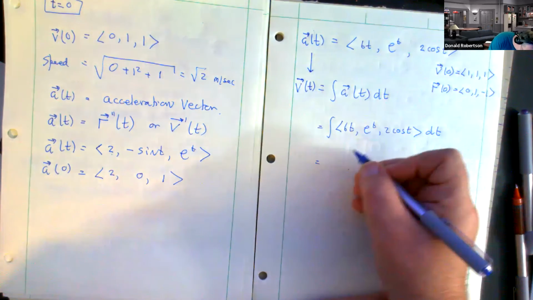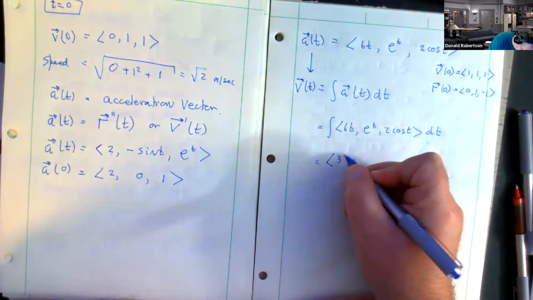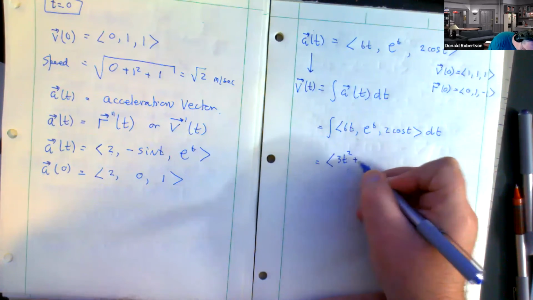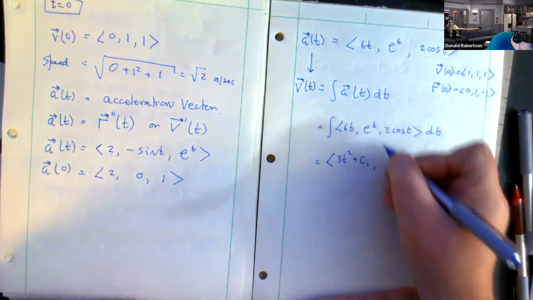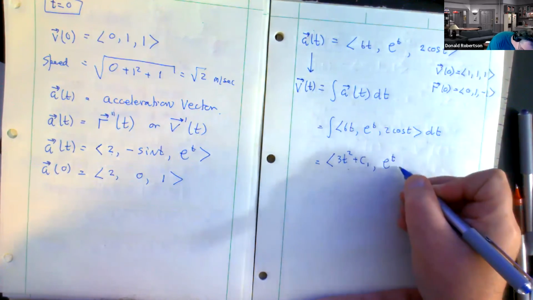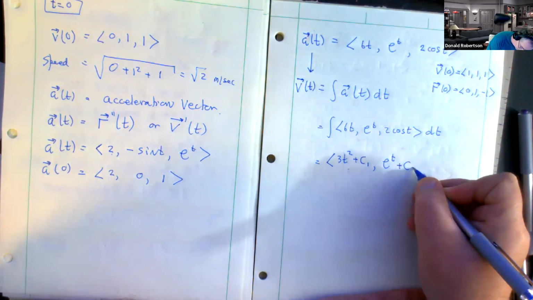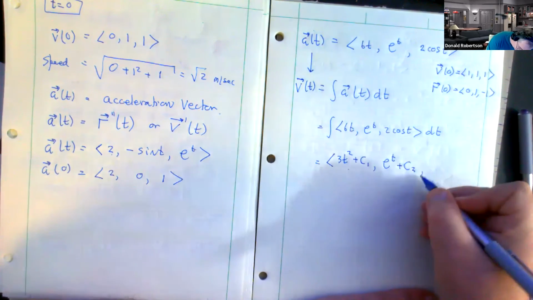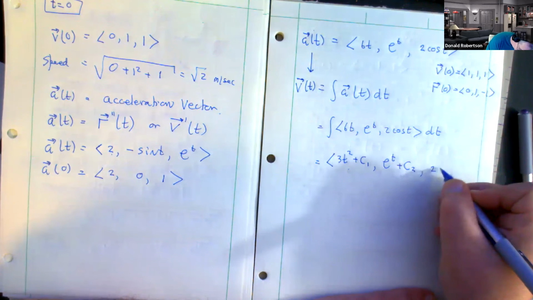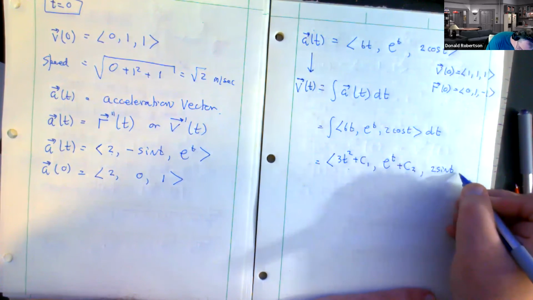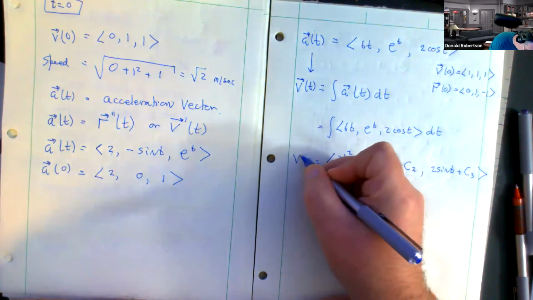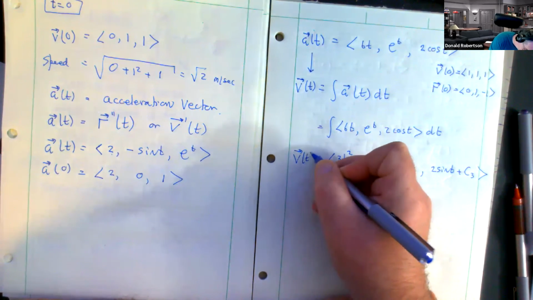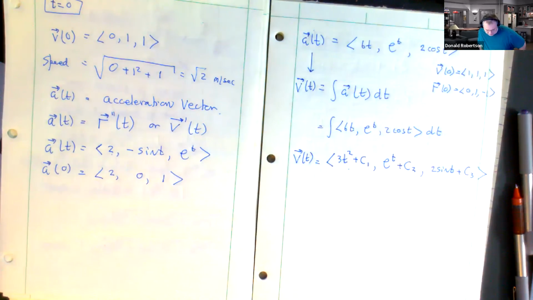So you integrate 6t and you'll get 3t squared plus an arbitrary constant, which I'll call C1. If you integrate e to the t, you get e to the t plus an arbitrary constant C2. And if you integrate 2 cosines, you will get 2 sines plus an arbitrary constant C3. And we now have a generalized version of what the velocity function would look like.